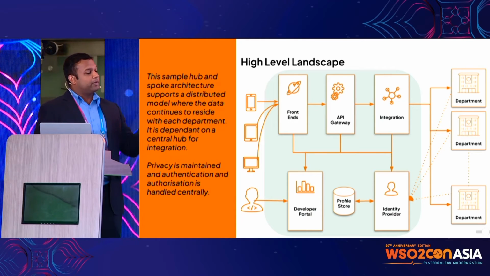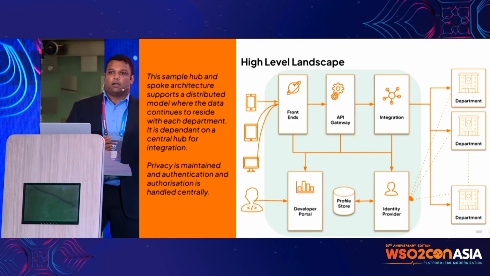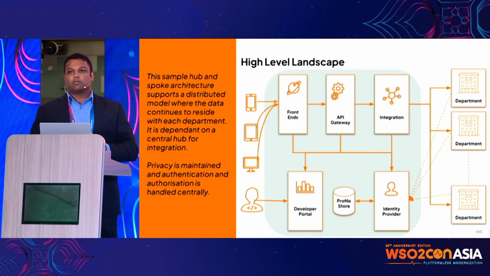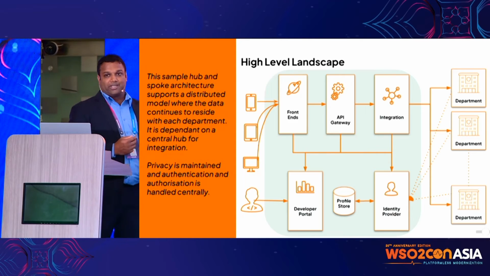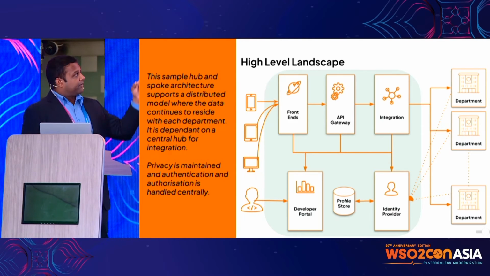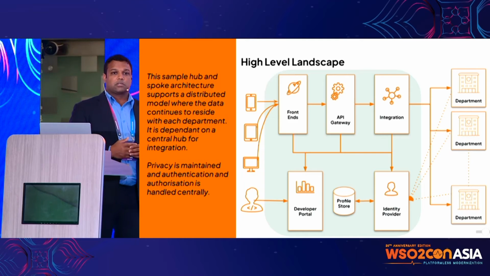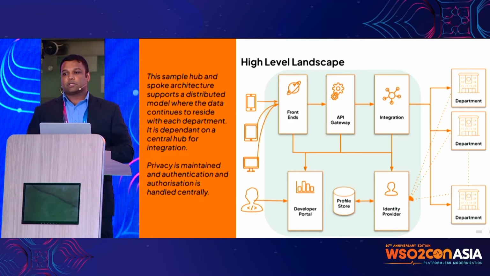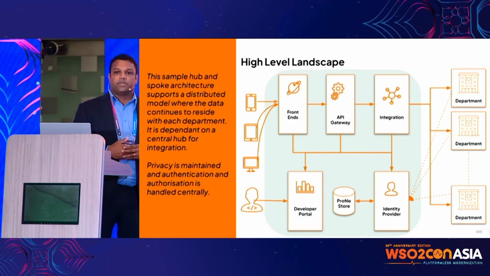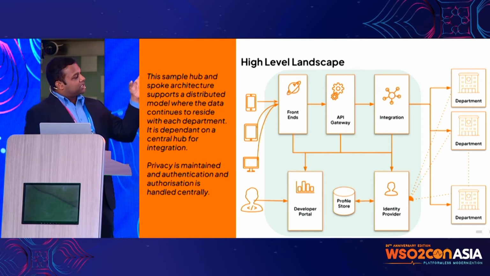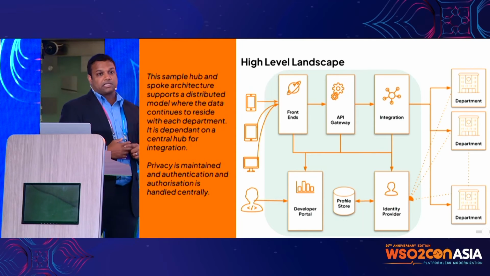It provides you with security, rate limits, quotas, and monetization mechanisms. The front ends here could be citizen portals, mobile apps, chatbots, or applications built by external parties which consume the data that these APIs expose.